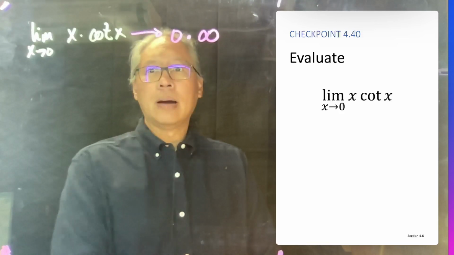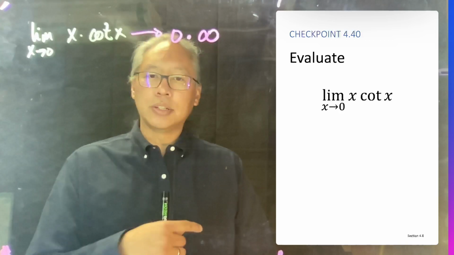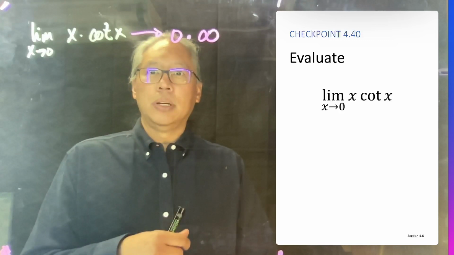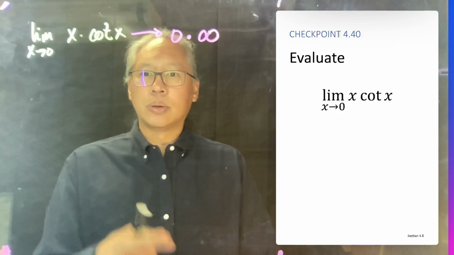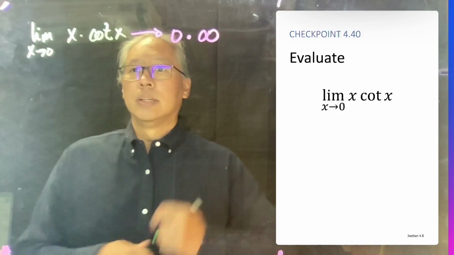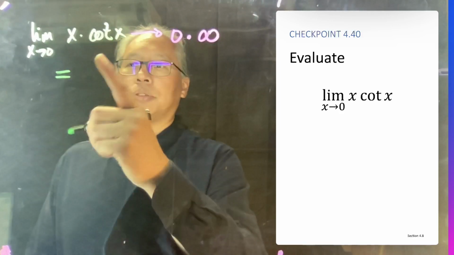Our first step here is to rewrite it so that it's a fraction, and then when we take the limit, it would be of the form 0 over 0 or infinity over infinity. So without using L'Hopital's rule yet, we're just rewriting this.